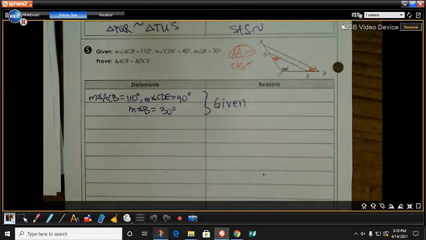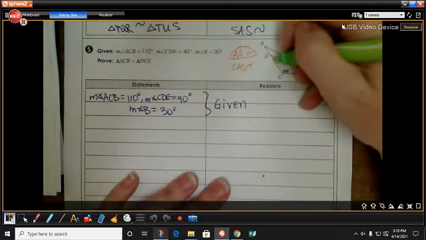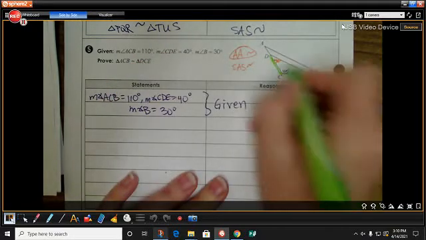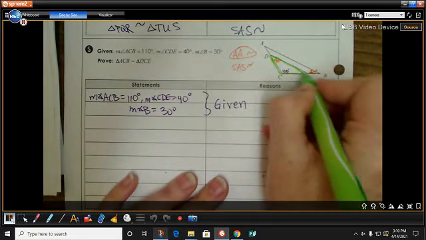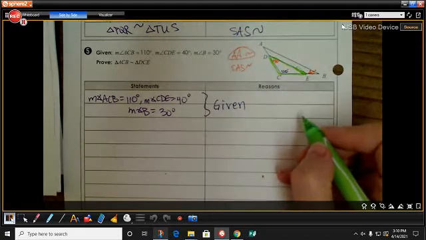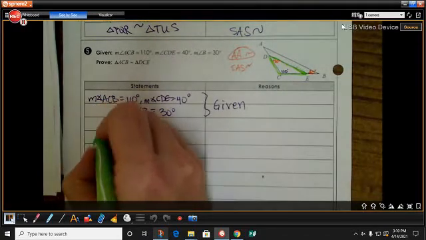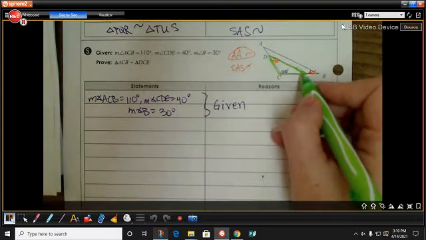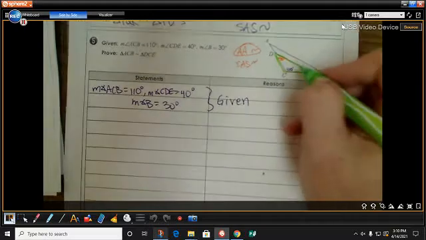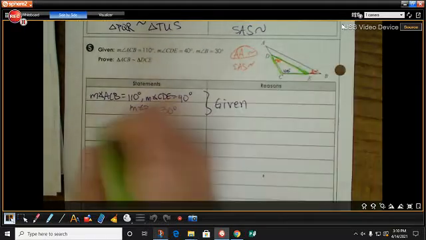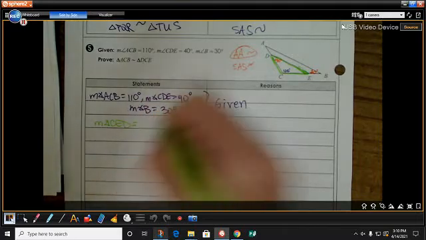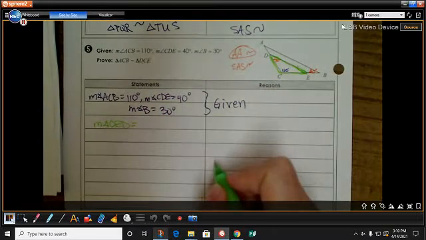And so then I look at this and I go, well, wait a minute. In this bottom triangle, so my smaller triangle, triangle DCE, which is one of the two I'm trying to prove similar, I have two of the angles. So I can find the third angle. And so I can go in and say right away that the measure of angle CED is going to equal whatever I get from subtracting from 180.